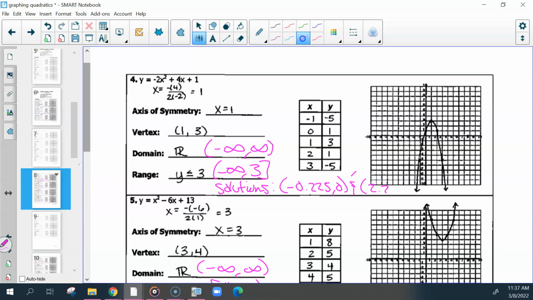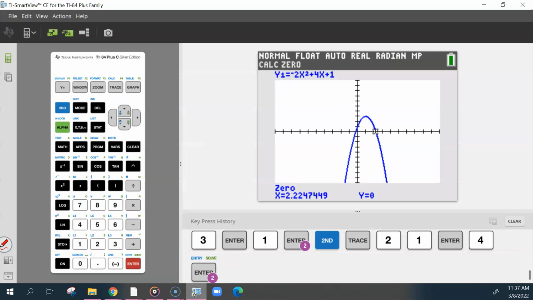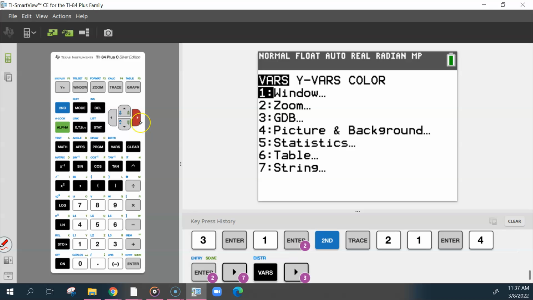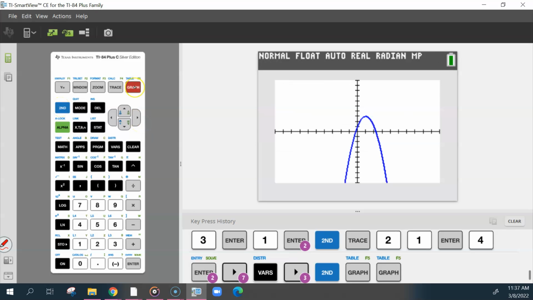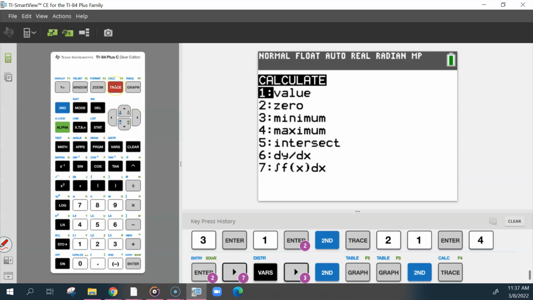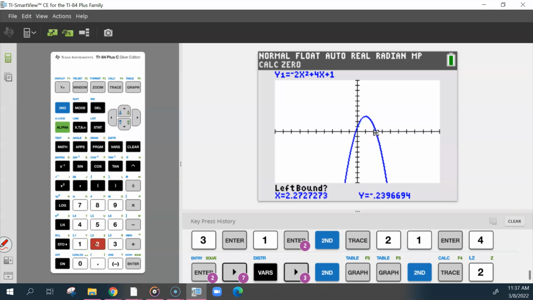Do we have to be on that flashy part? Does it have to be on one side or the other? That doesn't matter. So just put in a number. You have to pick numbers left and right of the x-intercept you're looking for.